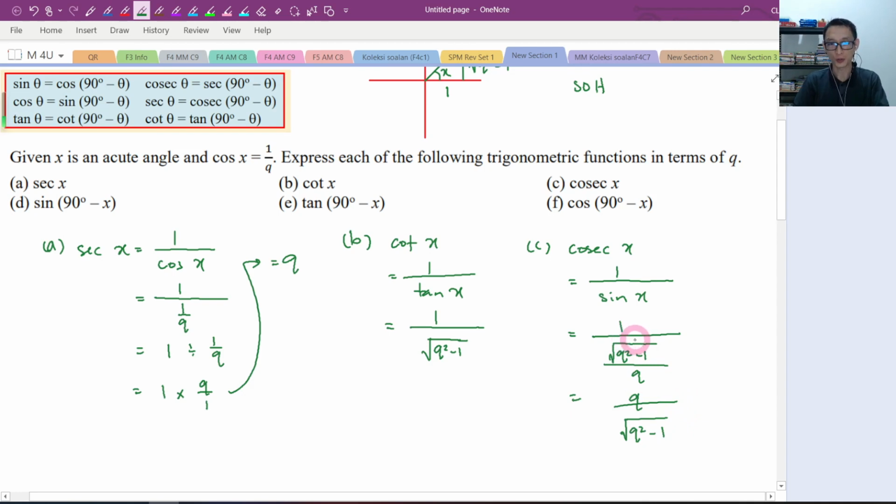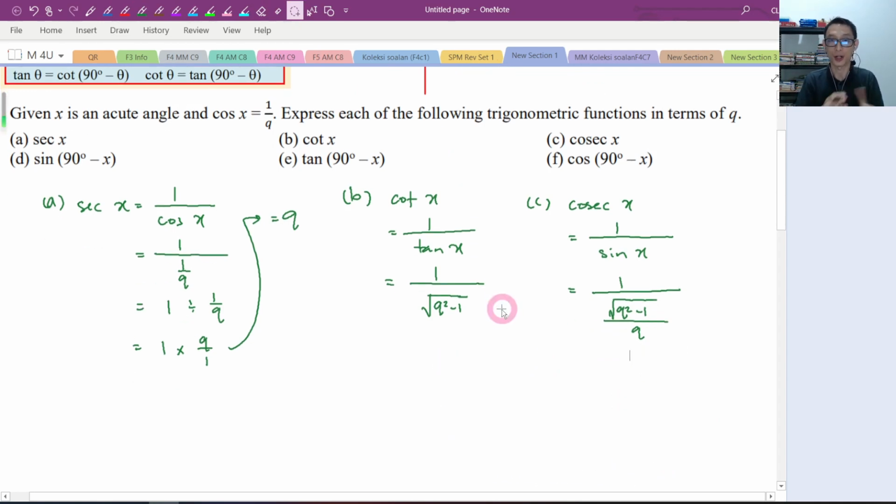So if you cannot go from this step to this step, we can add a few more extra steps so that you understand better. Let me show you clearly. As what I did here, 1 over this is equal to 1 divided by square root of q square minus 1 over q.